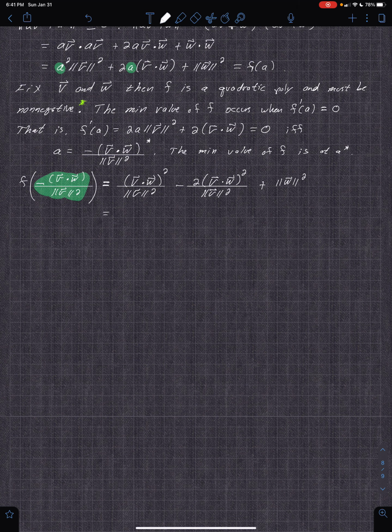You get magnitude v to the negative 2 times magnitude v squared magnitude w squared minus v dot w squared.